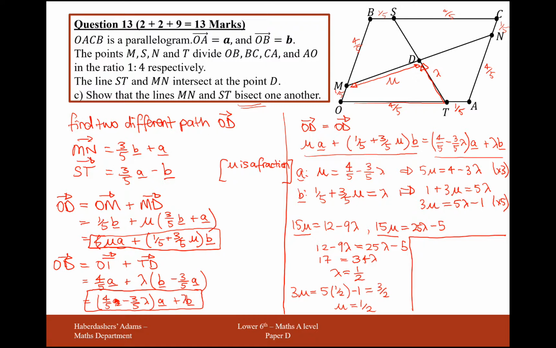So as lambda and mu both equal a half, to get to D, D must therefore bisect M to N and S to T.